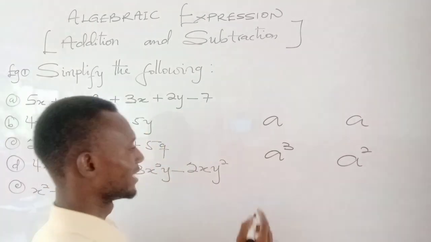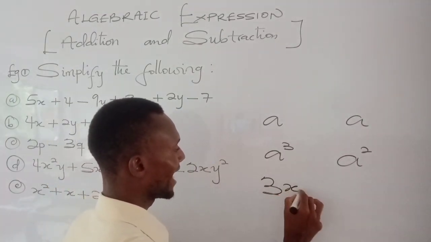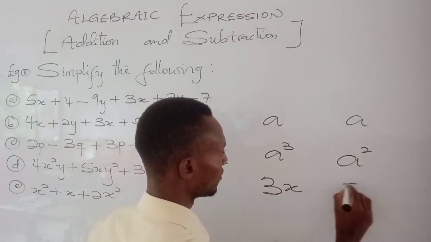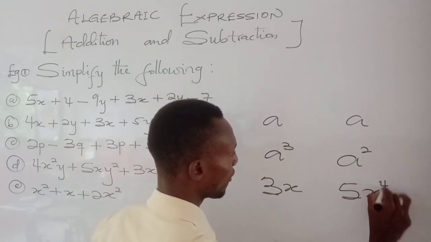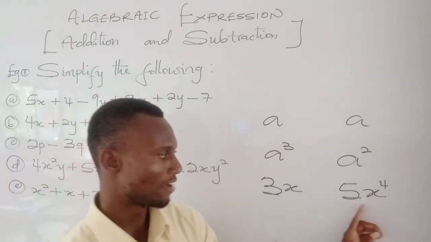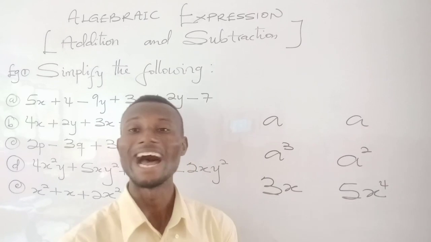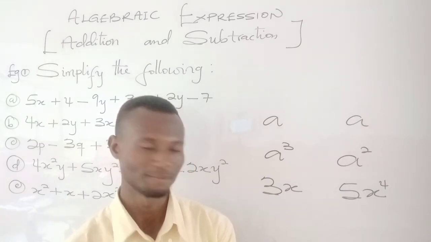Okay, let's say I have this on the board. Assuming I have 3s and also 5s to the power 4. I have 3s and 5s to the power 4. Are these like terms? No, they are not like terms. Why?